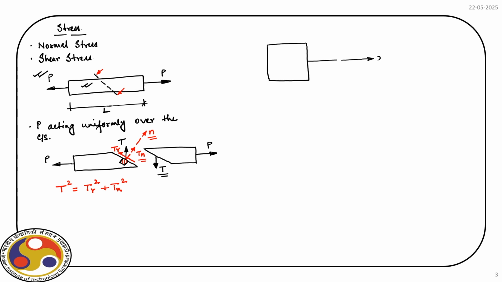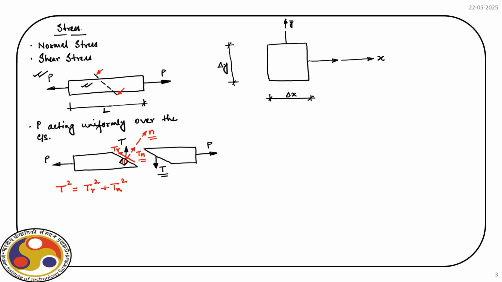This is say x direction and this is the y direction. So, the size of this element is delta x delta y. And if we consider unit thickness, then we can draw the stresses acting.